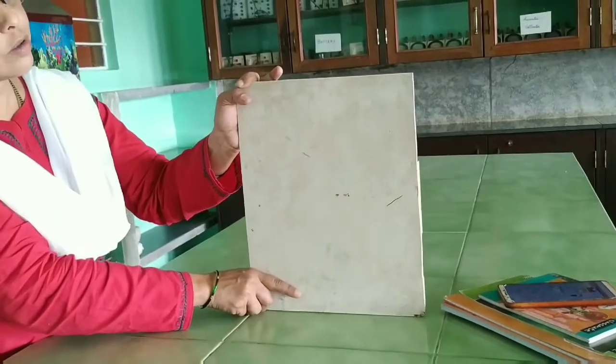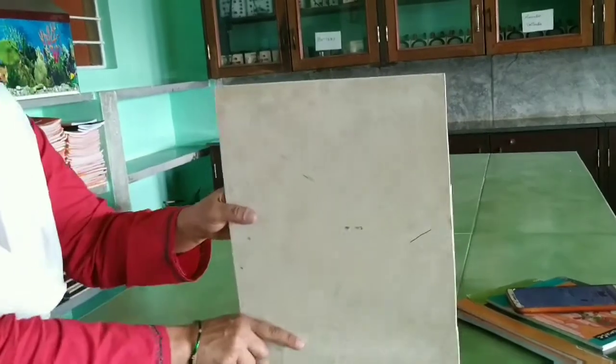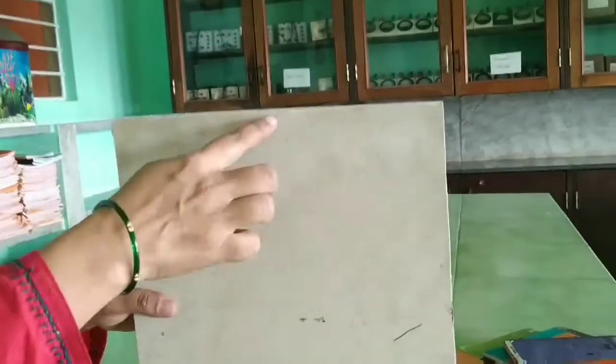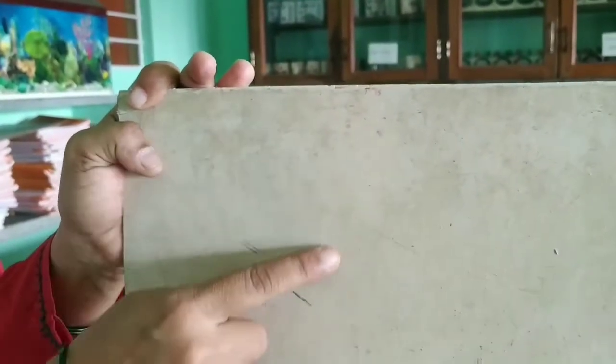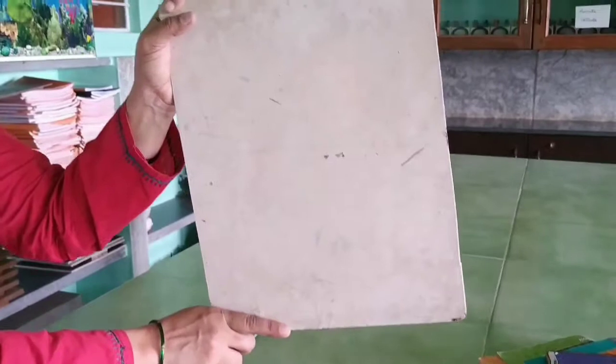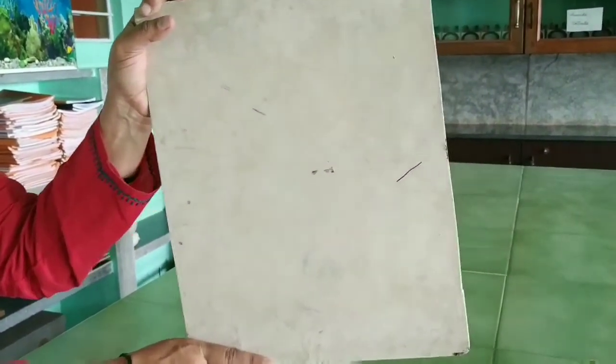Because of the light, too much light, we could not make it out properly. Here somewhere the image is formed. It is very big. If it were dark, then you would have seen, but here somewhere at infinity, that is away from 2F. See here somewhere the image is formed. It is very enlarged, okay, and inverted.